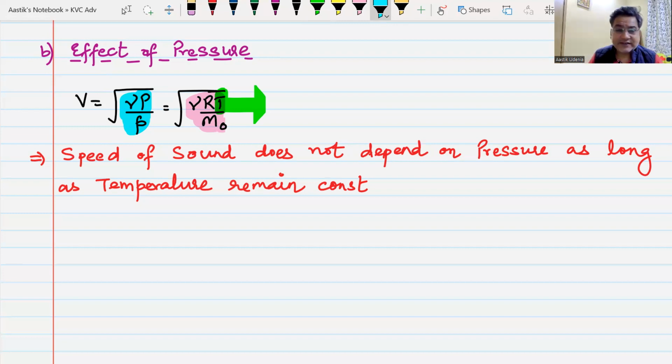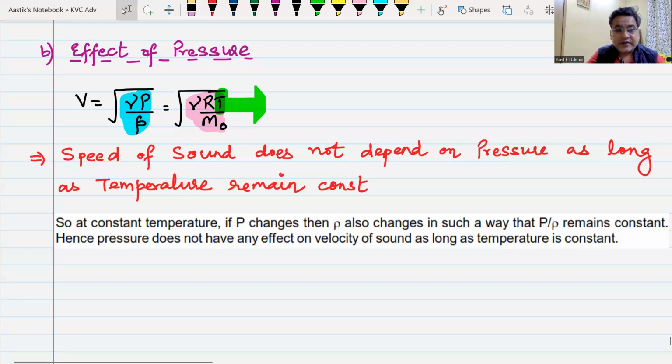And therefore we say that speed of sound does not depend on pressure. Do we understand this?